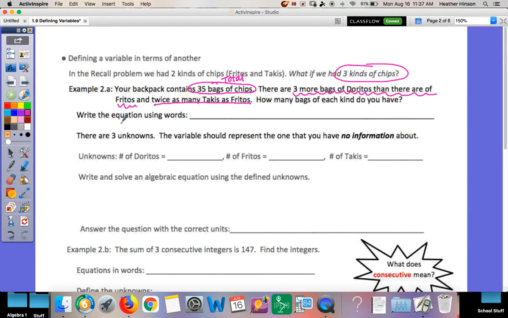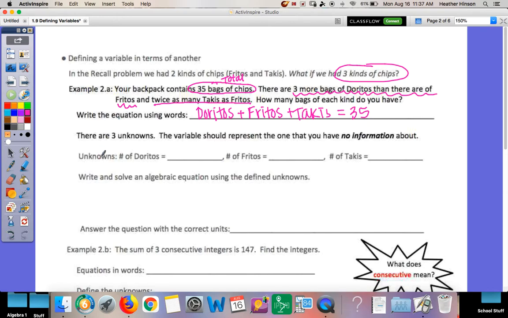When we write our equation with words, we just want to say what we're adding up or subtracting or multiplying or dividing. We're looking at chips. We know we have Doritos plus Fritos plus Takis, and all of that is going to be 35 bags of chips. That's my total. So we have 3 unknowns here: Doritos, Fritos, and Takis.